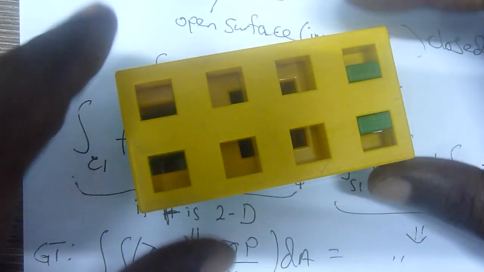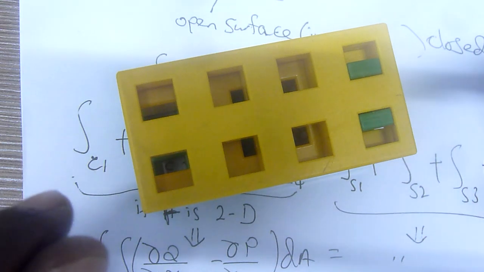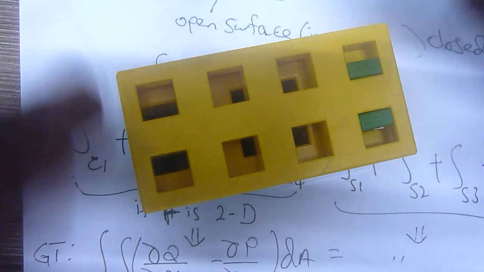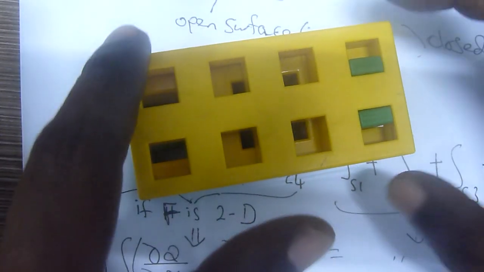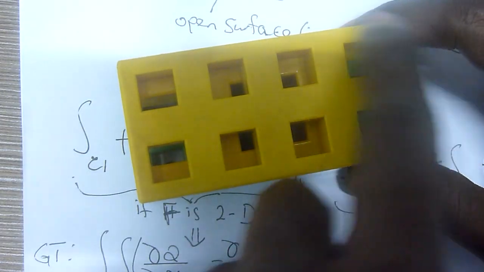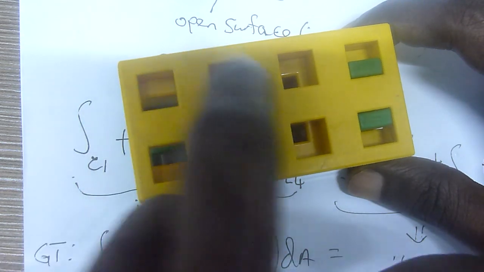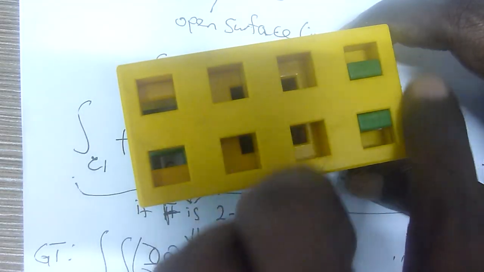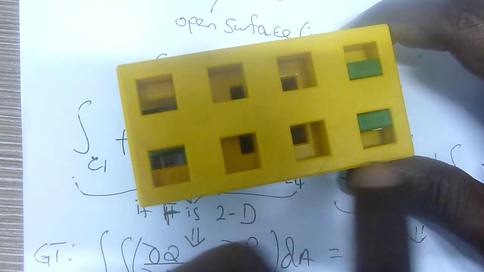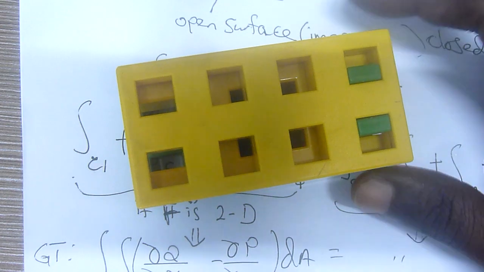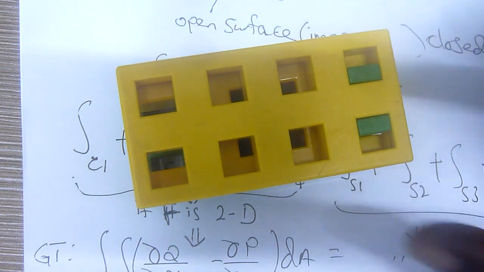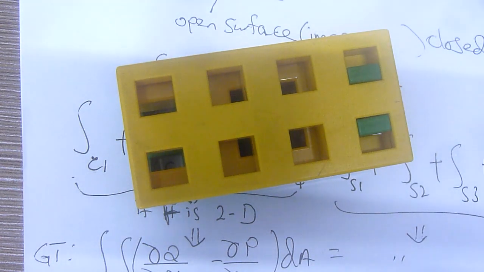Imagine this is not a building, but one kind of box, an electric box, and we call its surface an open surface since it's open. There is a solenoid moving around in this.